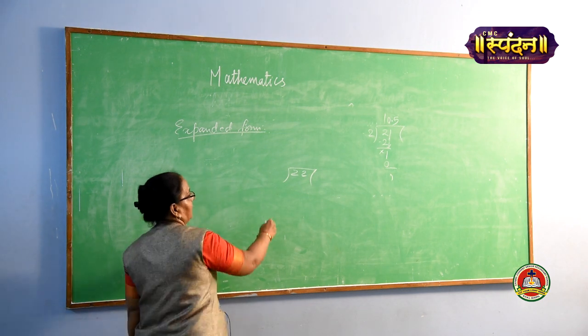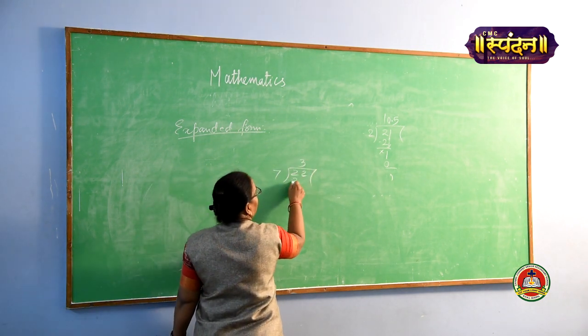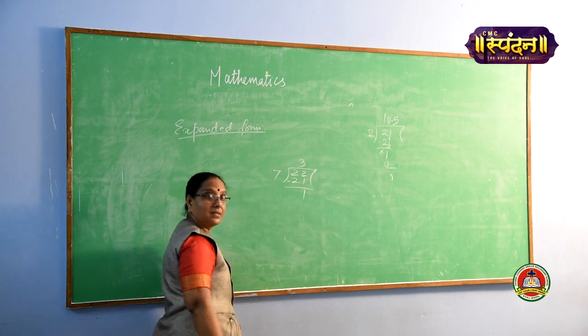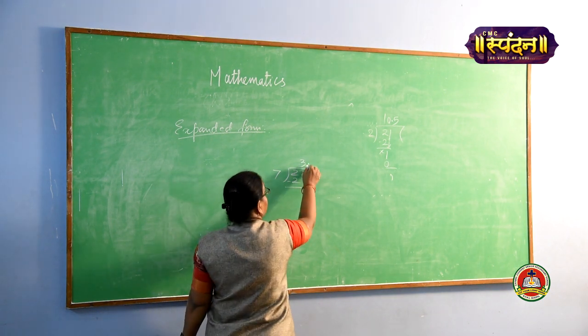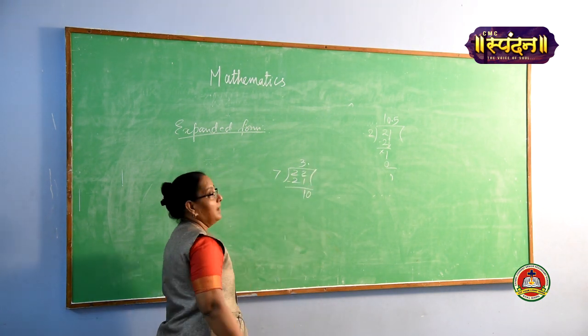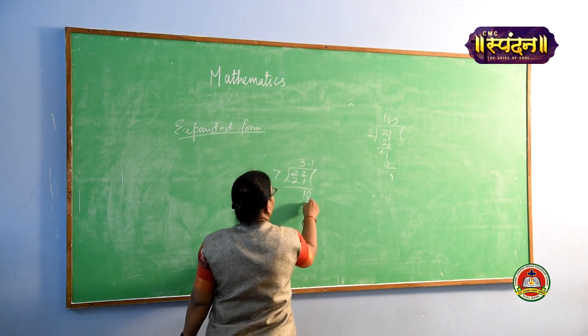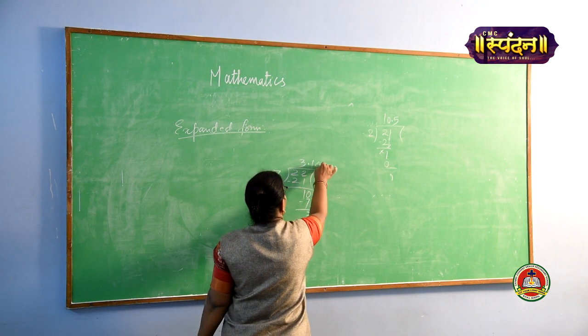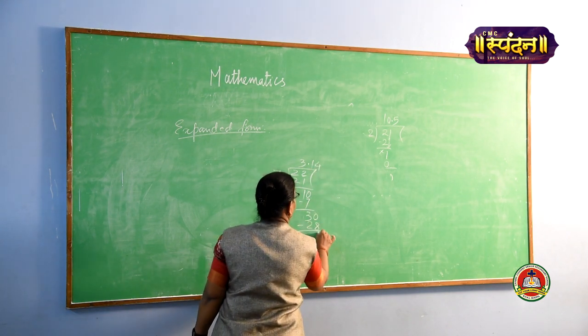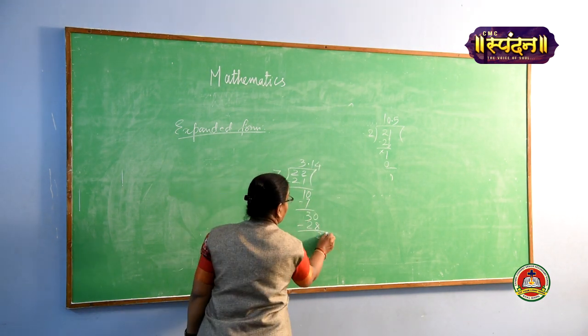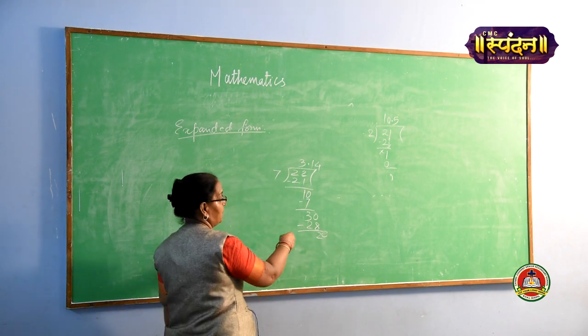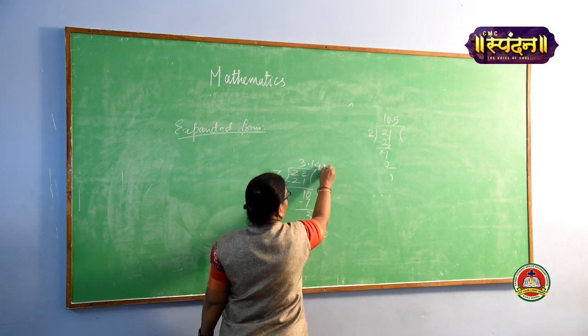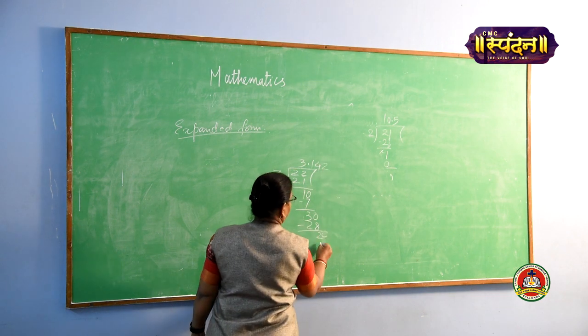Similarly, the next number is 22 by 7. 7 3s are 21. Here the remainder is 1. Put a decimal, make this number greater, then 1s are. Remaining is 3. After that 4s are 28. Then again make a greater number using 0, and then 7 2s are 14.